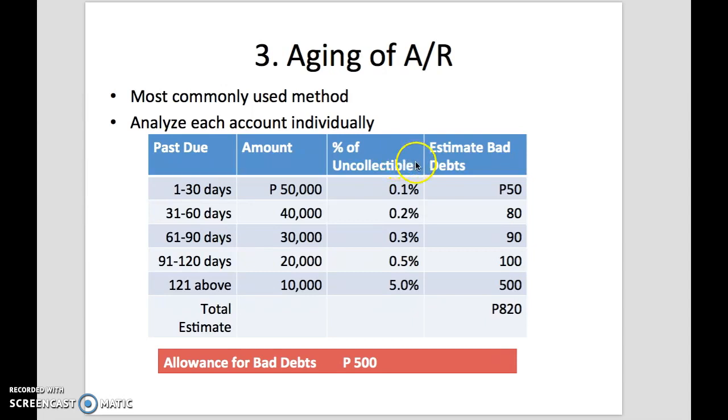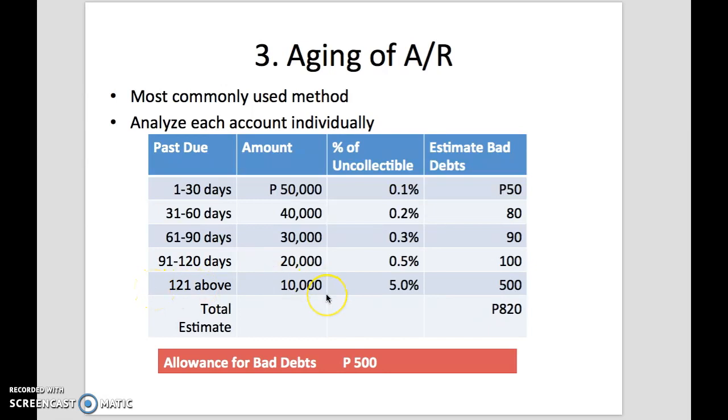And here in this third column, you can see that the values are increasing. So if we have a higher value here, this indicates that there is a higher chance for your client not to pay you. So here we have 5% for this portion here, which has already been past due for 121 days and above.